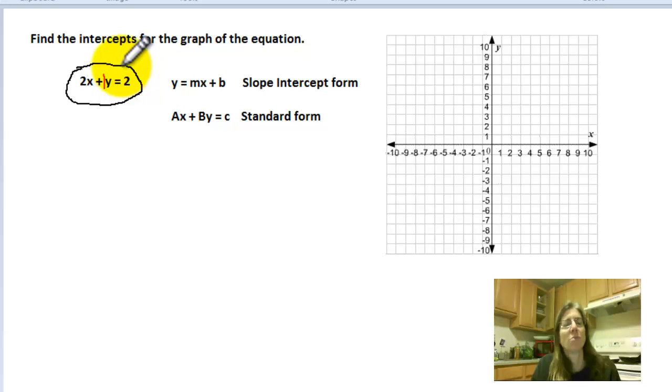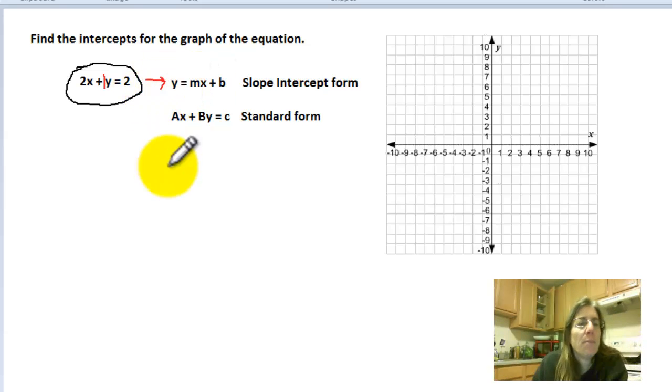Now, we can solve this problem without having to change it into this form. You can change it into this form and use that to help you, but I'm going to show you the quick way that we don't really need to do that.